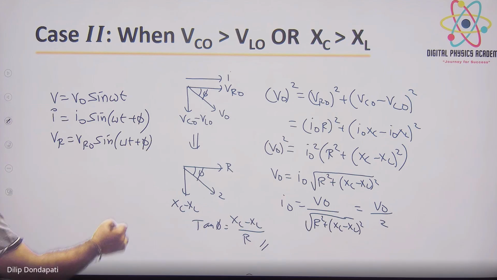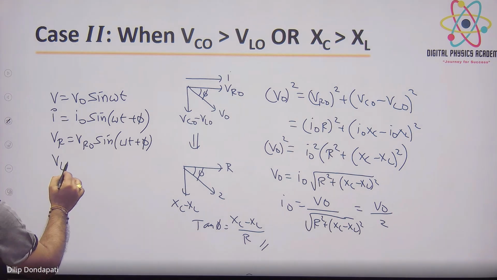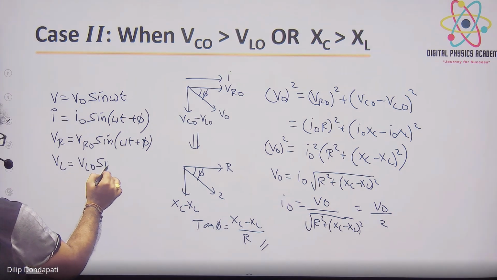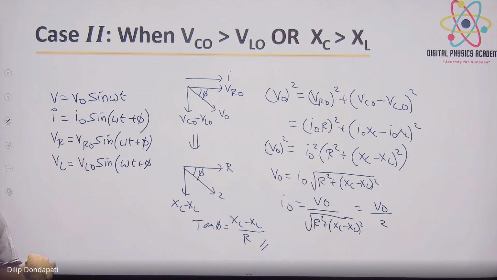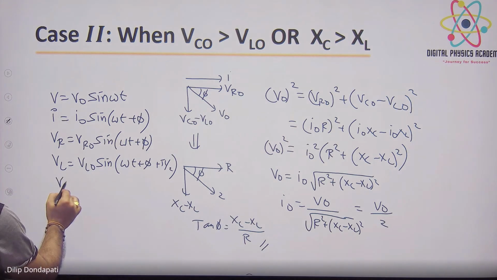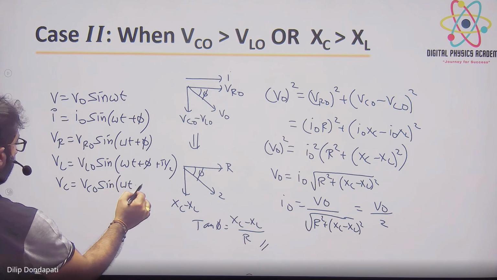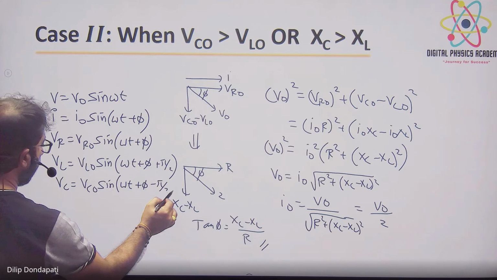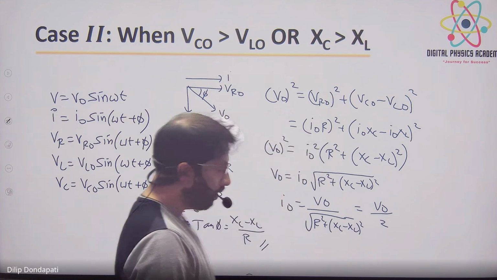Current and voltage are in the same phase in a pure resistance में, and इसका VL will be VL naught sin omega t plus phi plus pi by 2. करंट का वोल्टेज क्या करेगा इन ए प्योरली इंडक्टर में, it will be plus pi by 2, right? Voltage leads current by pi by 2, and voltage across capacitor will be VC naught sin omega t plus phi minus pi by 2, right? Easy.